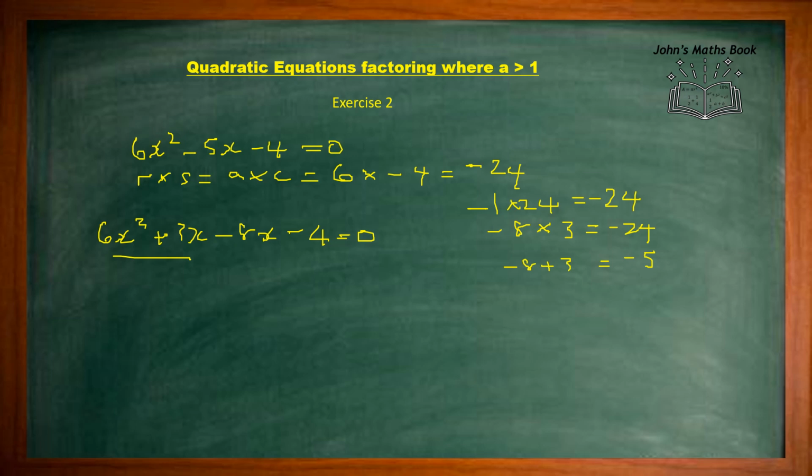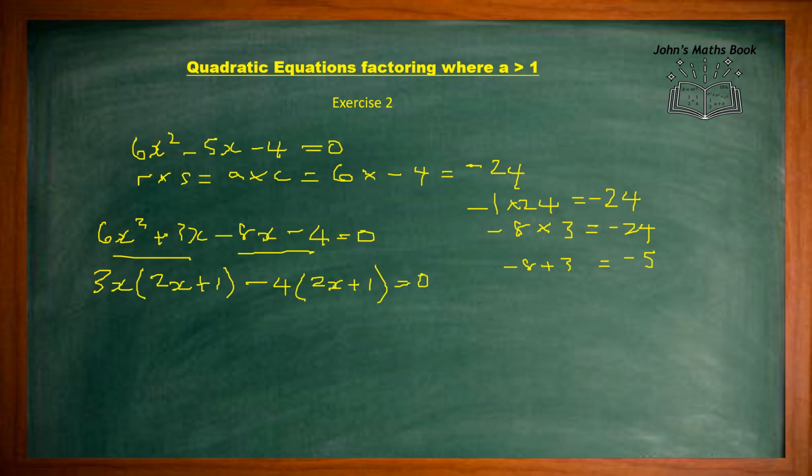If we look at this part first, we take 3x and multiply that into 2x plus 1, and then we look at this term and we say minus 4 into 2x plus 1 all equals 0.